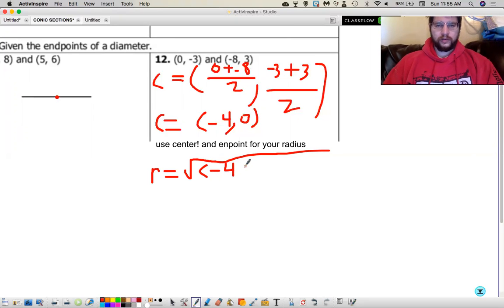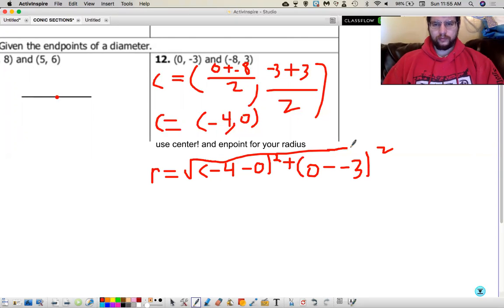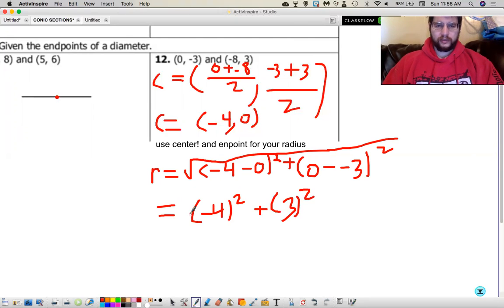Negative 4 minus 0 squared plus 0 minus a negative 3 squared. So that's negative 4 squared plus 3 squared. So that's going to be 16 plus 9.